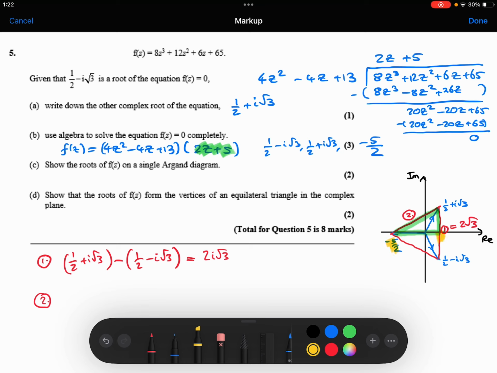This here is 1/2, so the difference between those is 3. The height of this triangle here is root 3.